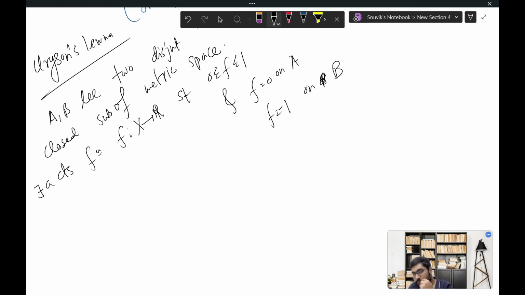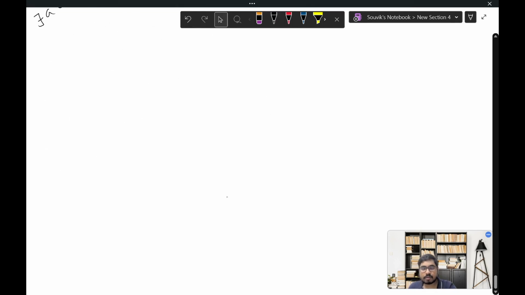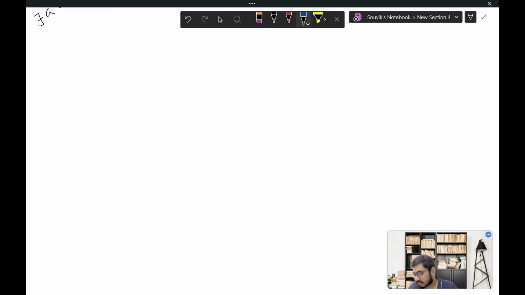Okay. So now consider the following problem. Let F1 be the set of natural numbers n and F2 the set of n plus 1 by n.